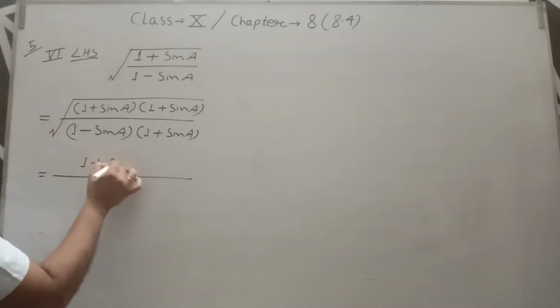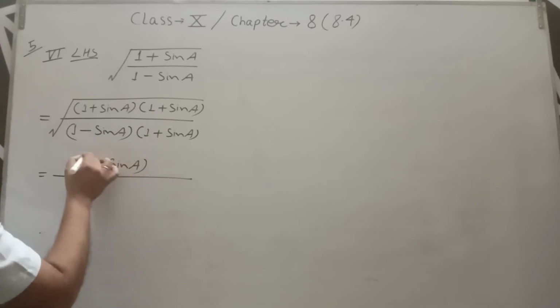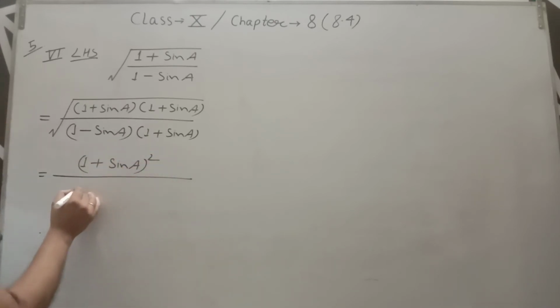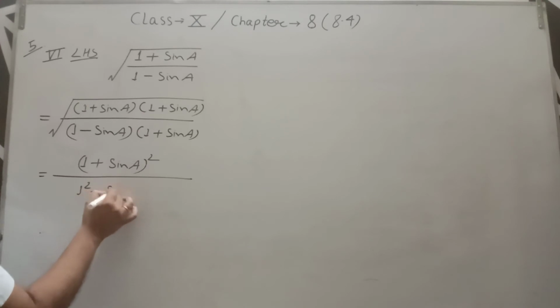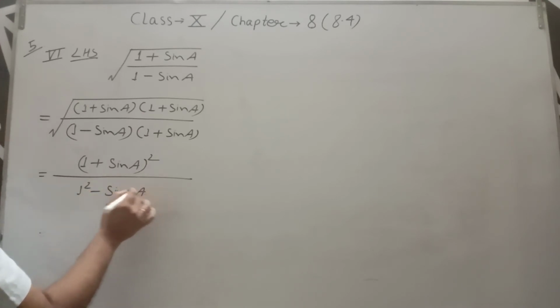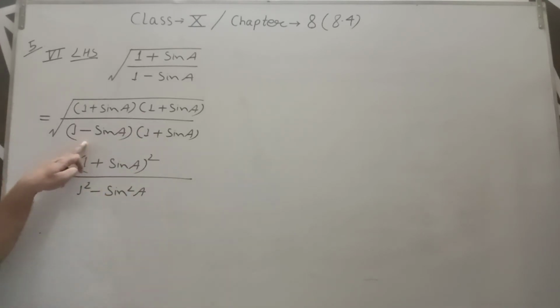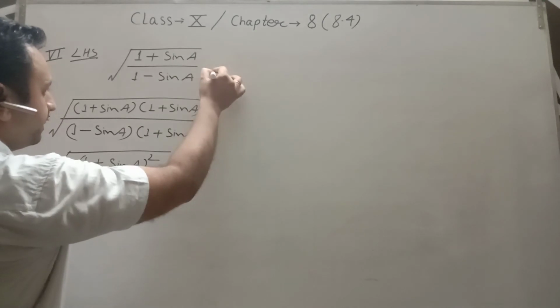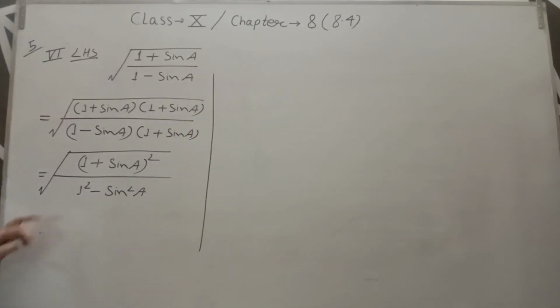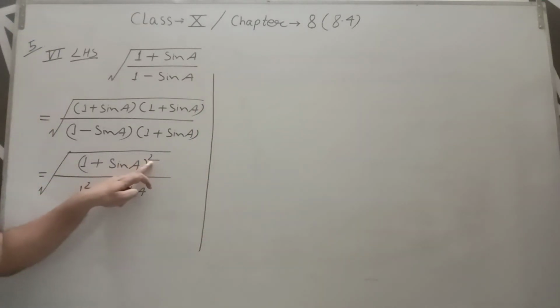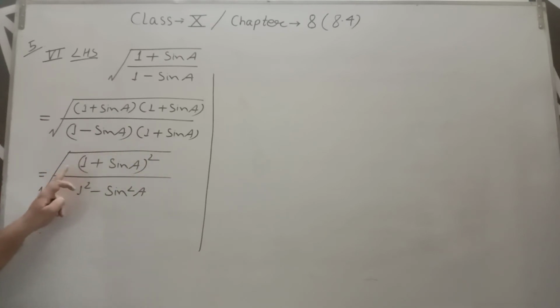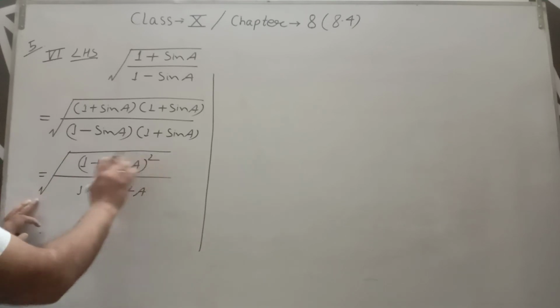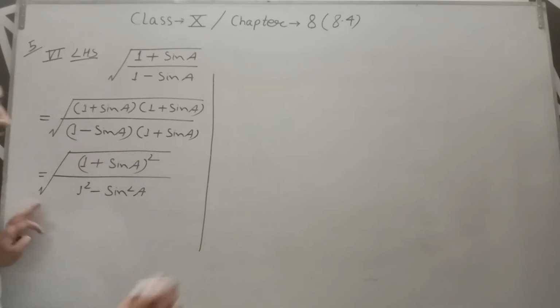Numerator is 1 plus sin A whole square, and denominator is 1 square minus sin square A. A minus B into A plus B is equal to A square minus B square, and it is in under root. 1 plus sin A whole square, and in the under root, when we replace the under root and square, both cancel out.